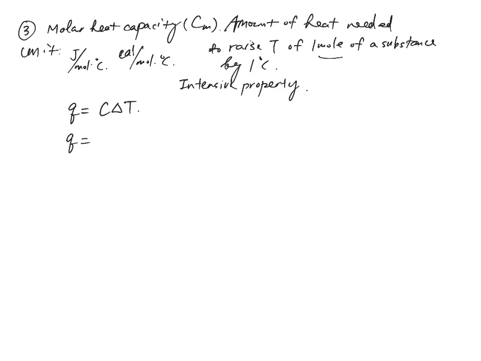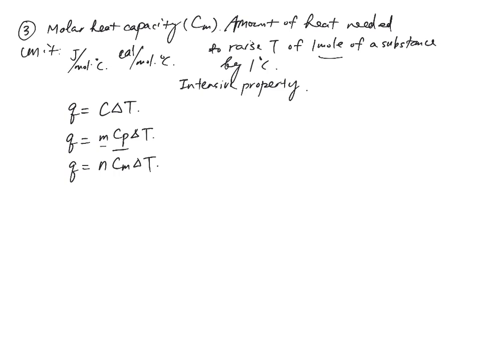Q also equals m C_p delta T. This is specific heat, and for specific heat, you would need the mass of your object to calculate the amount of heat needed or released. And if you're given molar heat capacity, if we use n to represent the number of moles, that Q equation should be n C_M delta T.